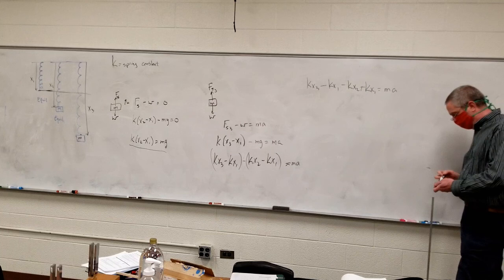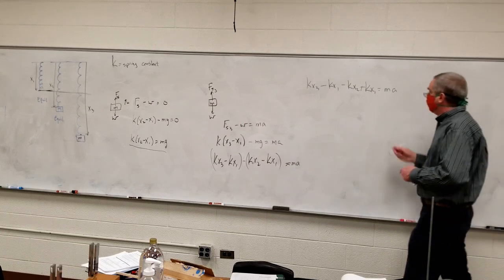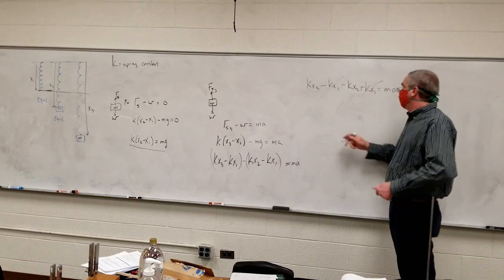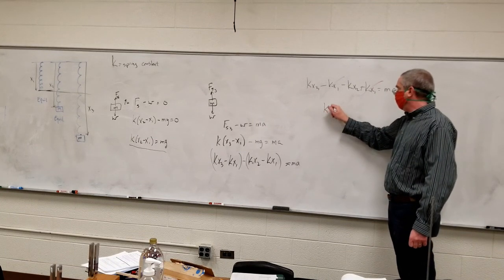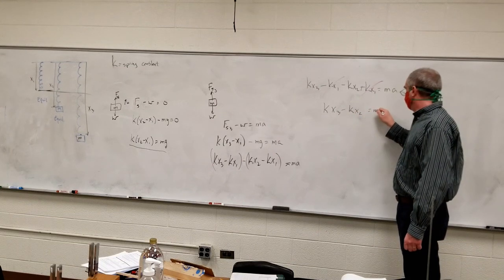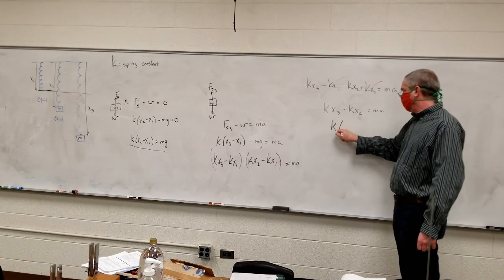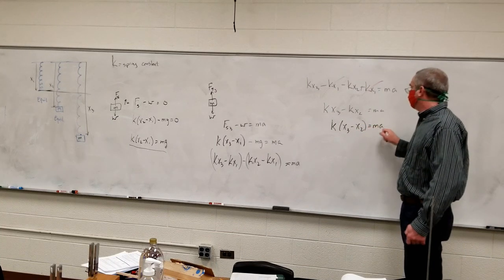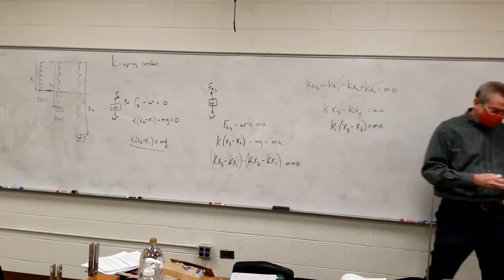Obviously, what can we get rid of? kx1. Okay, yeah. And so what I'm left with is kx3 minus kx2 equals ma, or k times (x3 minus x2) equals ma. Which was part of my hesitation when you answered, Anna.